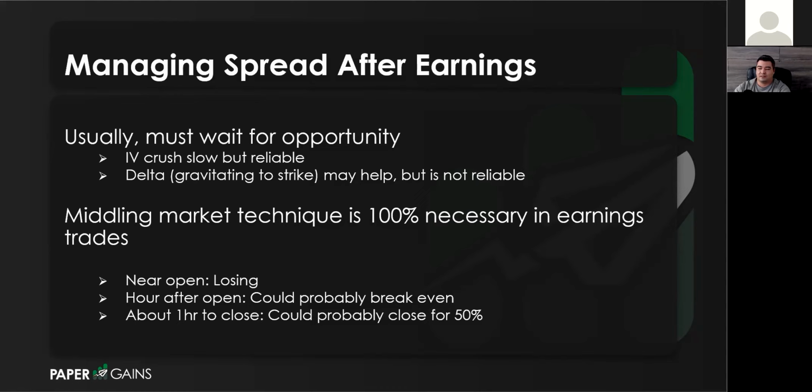Well, it's because of two things. One, the crush, while it does happen, doesn't happen immediately. And two, in the morning, the spreads on options, I don't know if you've ever noticed before, are gross, really wide. And so we want to have volume settle in and stabilize.